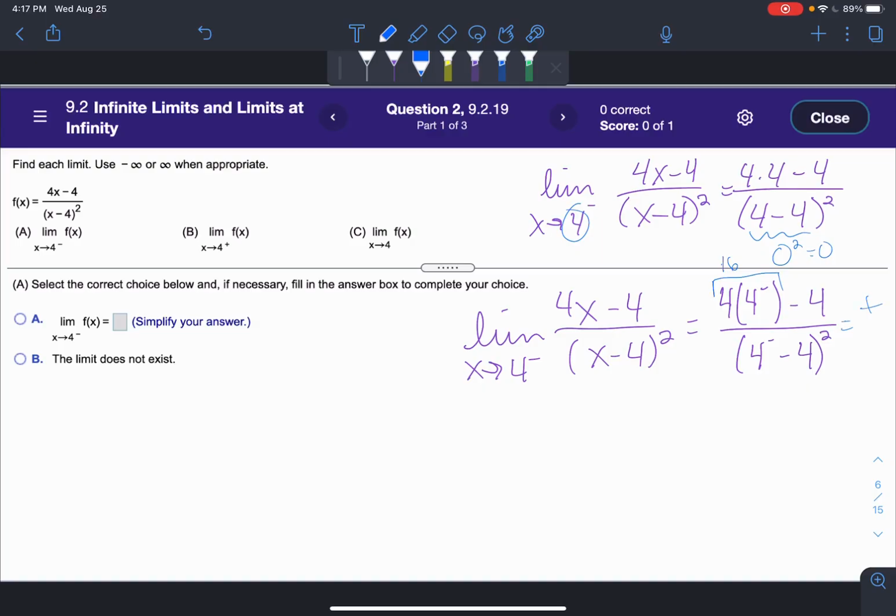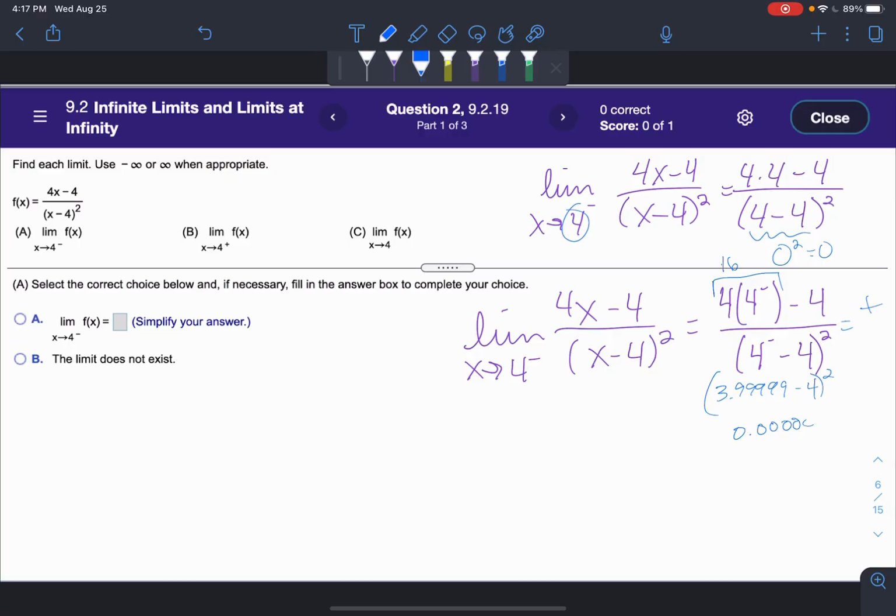And then our denominator. So now we're thinking about 3.99999 minus 4. So that's going to be a really small decimal, almost 0. Okay, so if we square that, it's going to be an even smaller number.